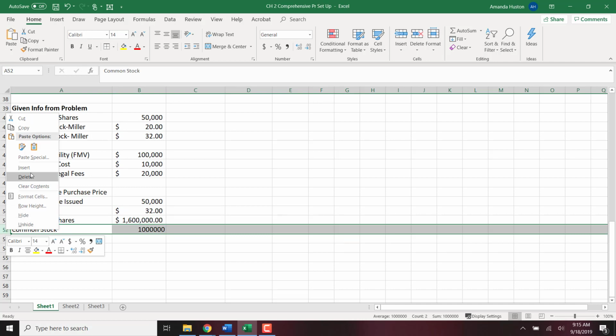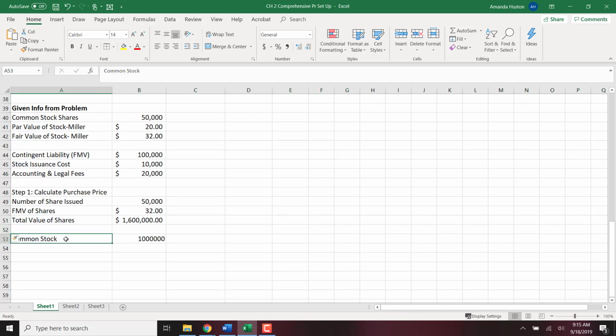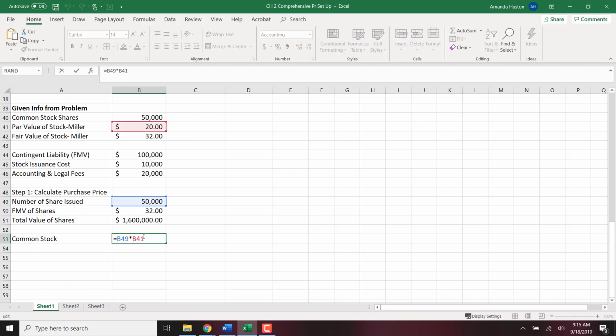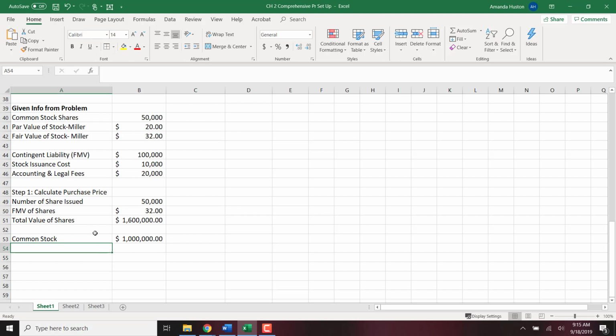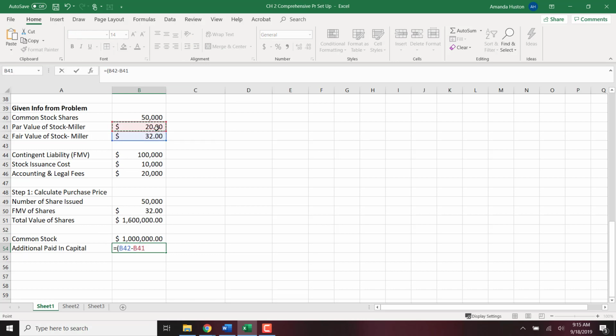So we're going to separate this out, because if we're going to make a journal entry, some of it goes to common stock, which is the par value, right? And then additional paid in capital equals fair value minus par times the number of shares you issued.